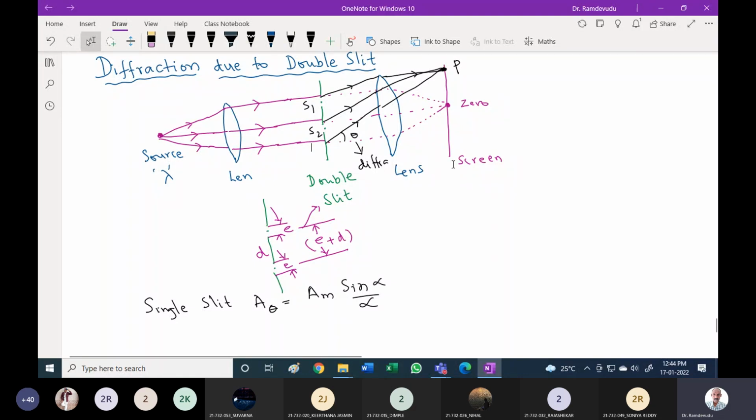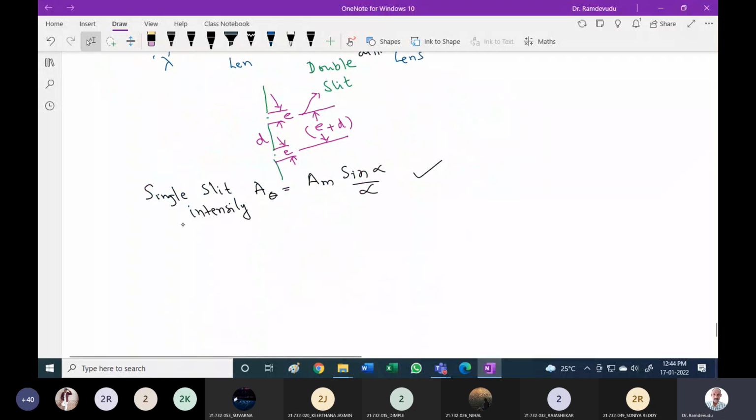Followed? Hence, in the double slit, we have the single slit intensity distribution due to this, and we also have the interference pattern due to the two slits.